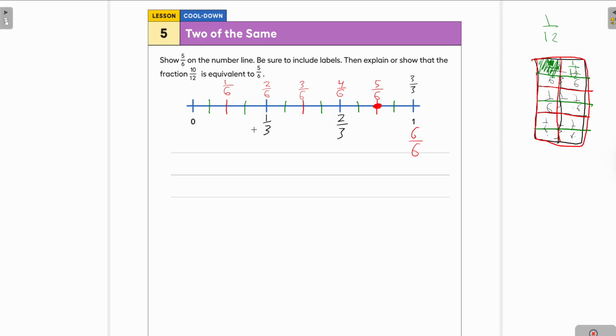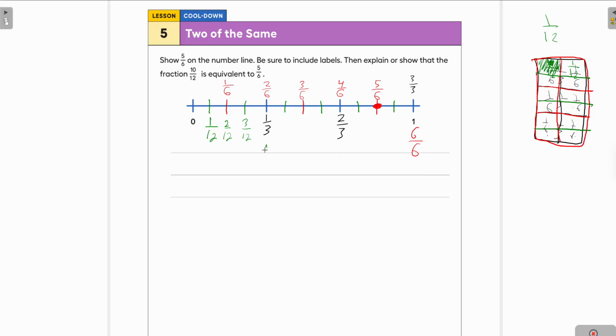Okay, so let's go ahead and label all of these tick marks so that we can see exactly where we're going to find 10/12. You don't really have to label all of them. You can just find it, but I just want to show you. So the first one is going to be 1 out of 12. This right here is going to be 2 out of 12. This is 3 out of 12.